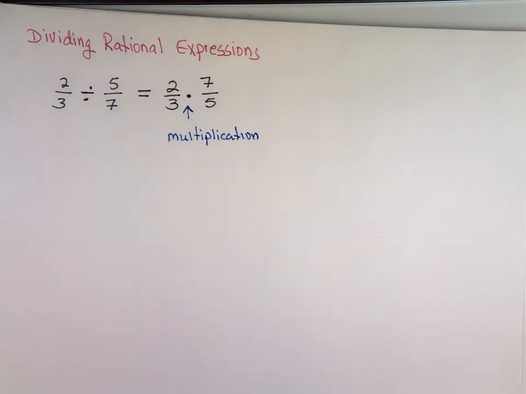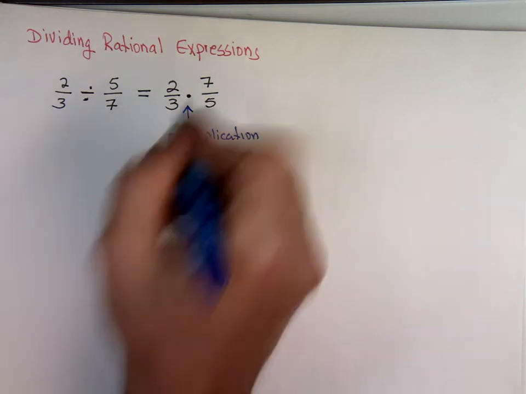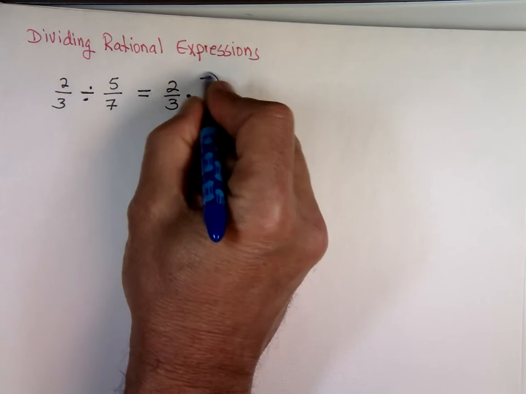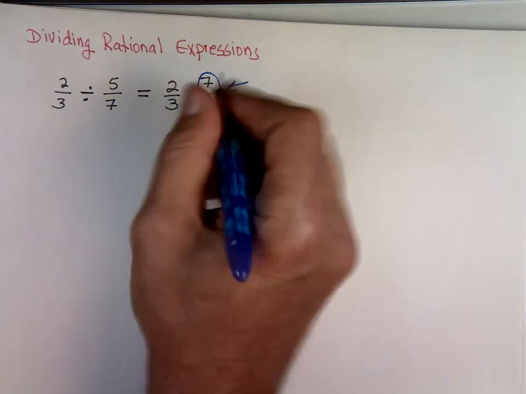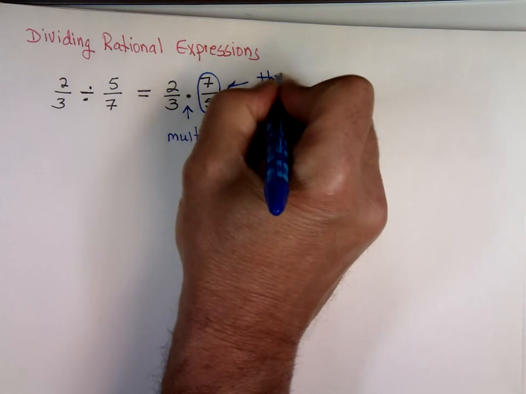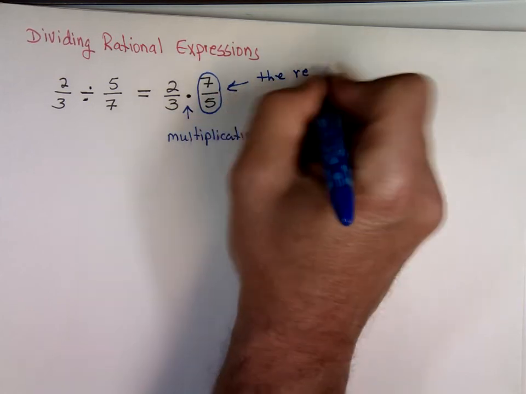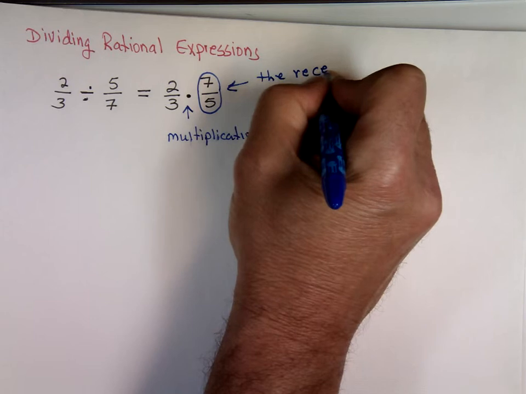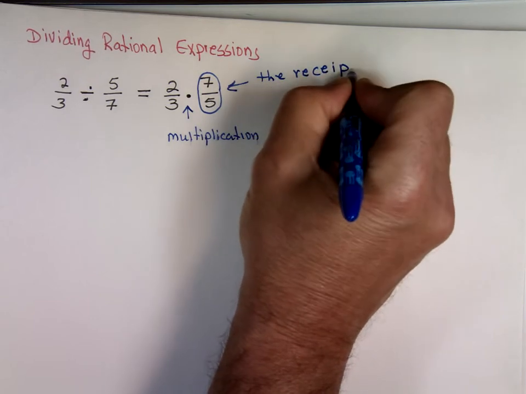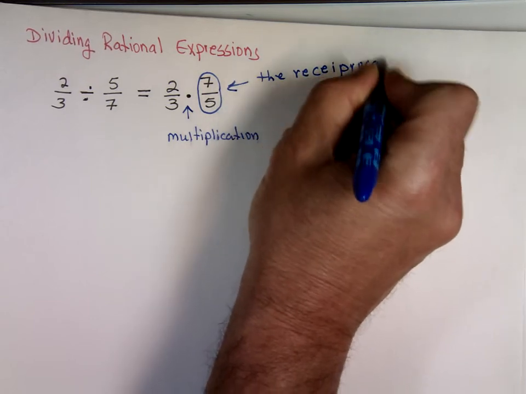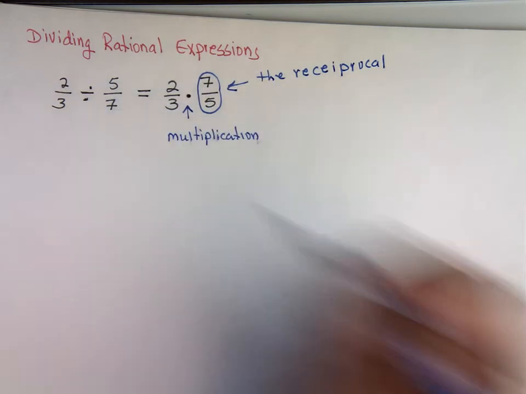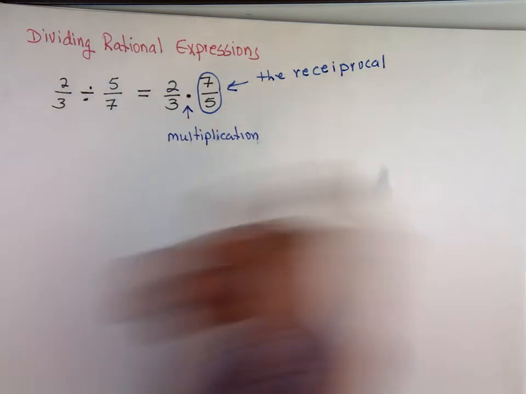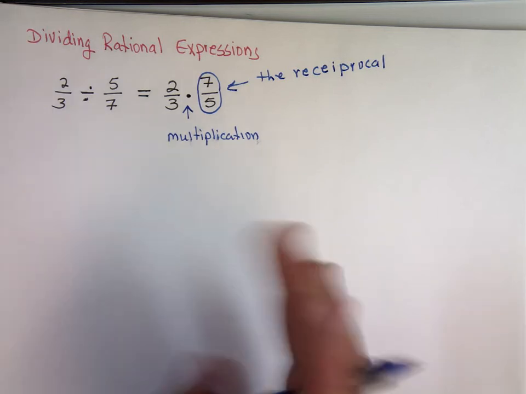And we flip that number, and this is called the reciprocal. The reciprocal of 5 over 7. Once you make these two changes, it's straightforward multiplications.